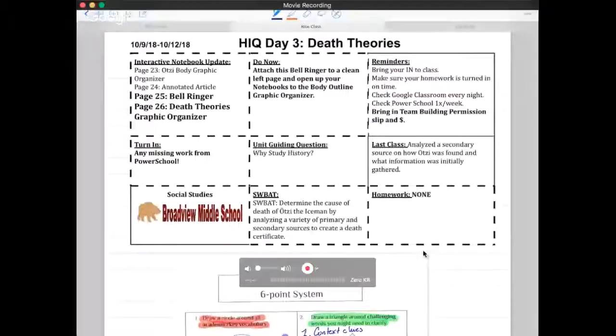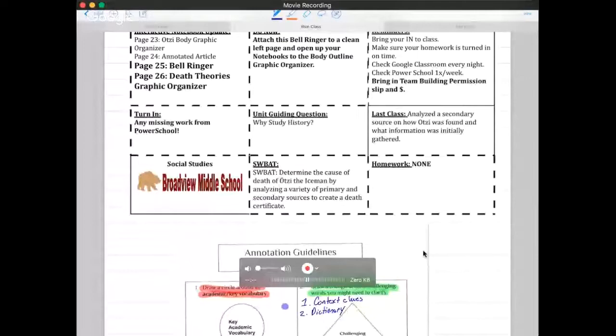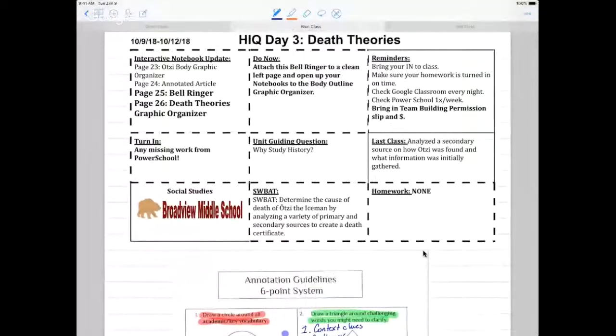So what we did was we started off, and I'll bring it up on screen right now. What we did is we started with our death theories. Our learning objective was to determine how Utsi the Iceman died by analyzing a variety of primary and secondary sources to create a death certificate.